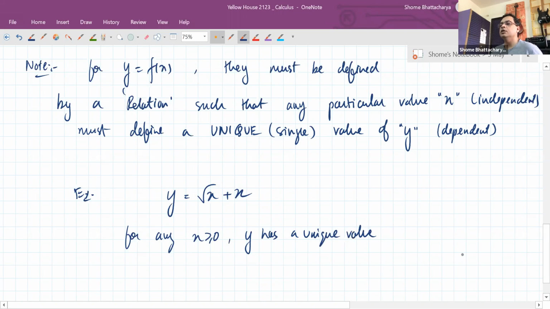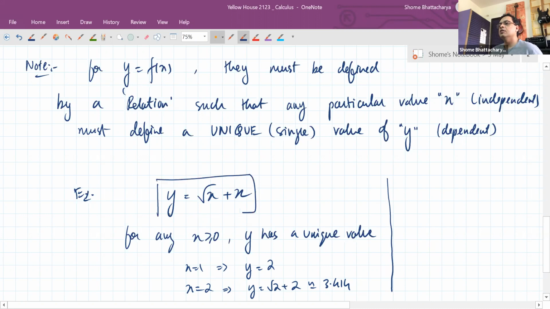So x equal to 1, for example, y is equal to 2. x equal to 2, for example, y is equal to root 2 plus 2, which we can write as approximately 3.414. x equal to minus 2 is not defined, but this qualifies as a function.